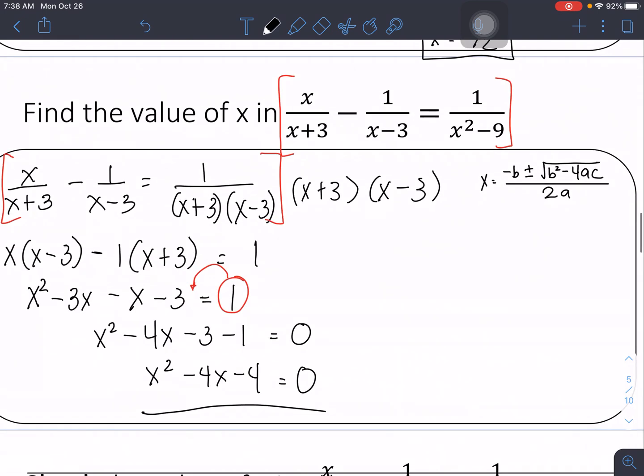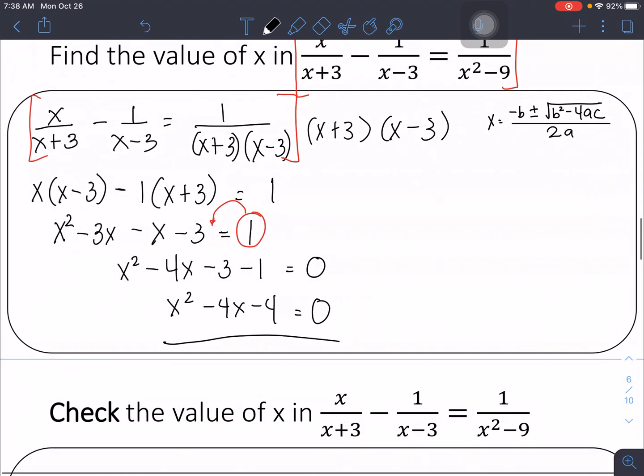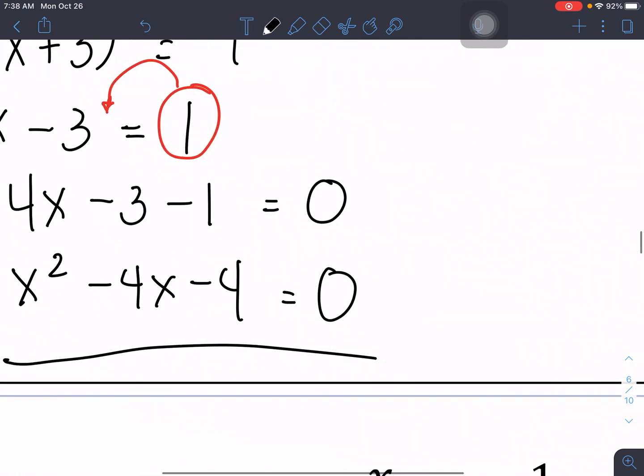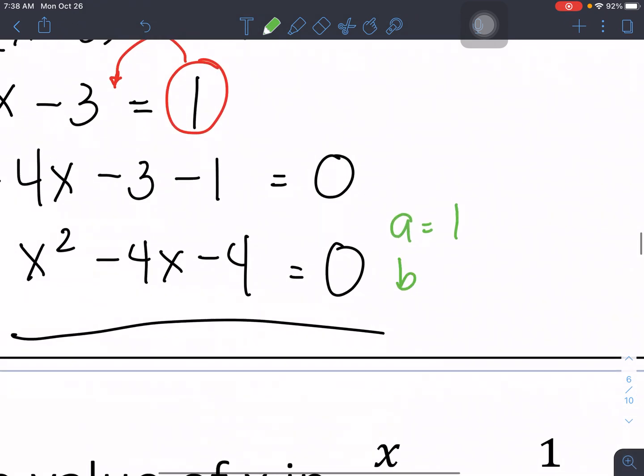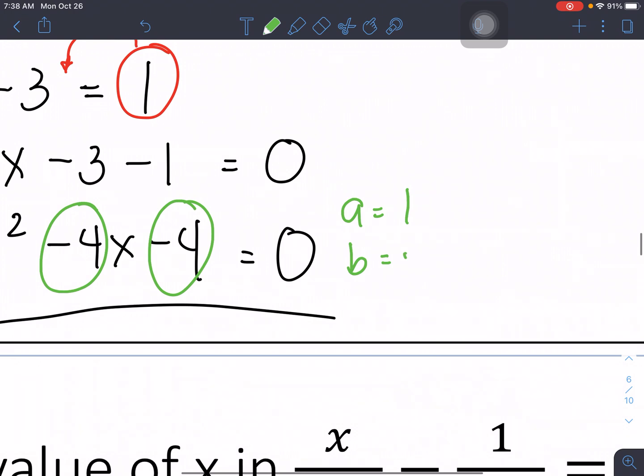Okay, so all the roots can be identified in this equation, given that the equation is in this form: x squared minus 4x minus 4 is equal to 0. So I need to identify all the a. So in this equation, our a is 1, b is negative 4, and c is equal to negative 4.